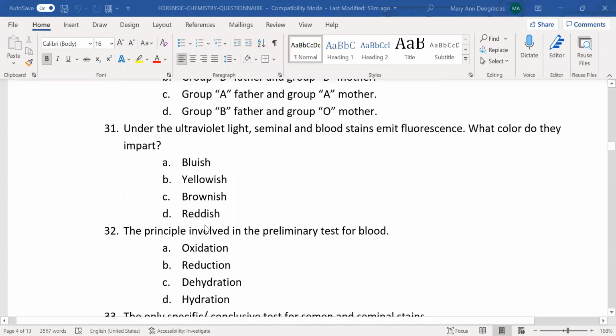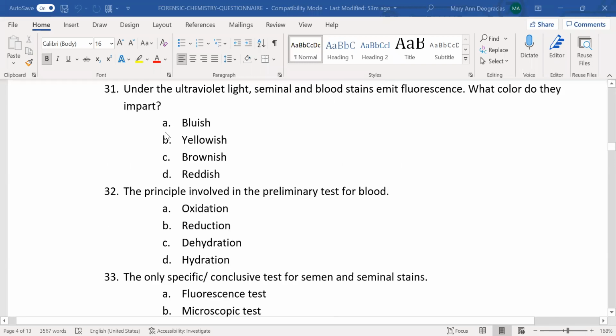Okay, 31, A again. Then 32, the principle involved in the preliminary test for blood. Which of the following? A, oxidation. B, reduction. C, dehydration. D, hydration. Our answer is letter A. If you can recall our discussion, oxidation means the addition of oxygen from the hydrogen peroxide in order to oxidize the reduced form of the reagents to their colored compounds.